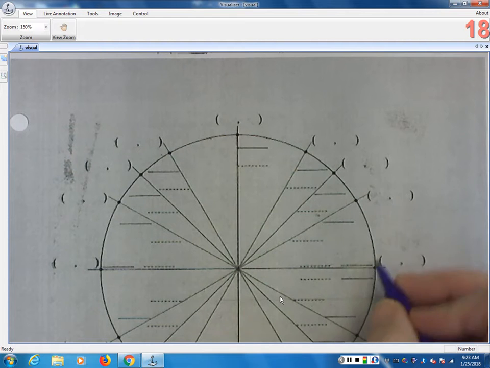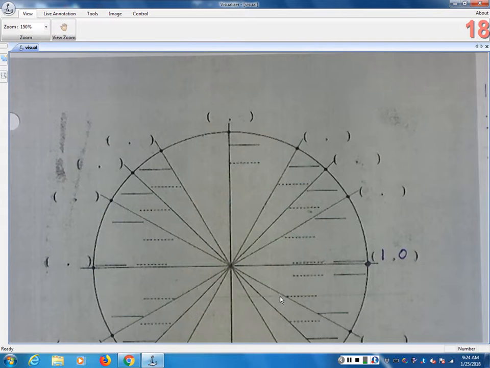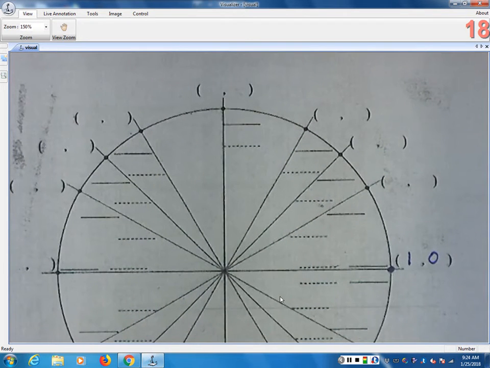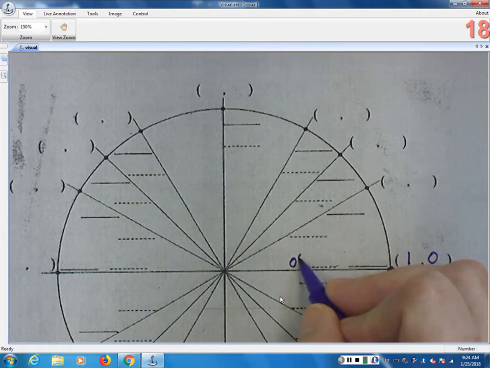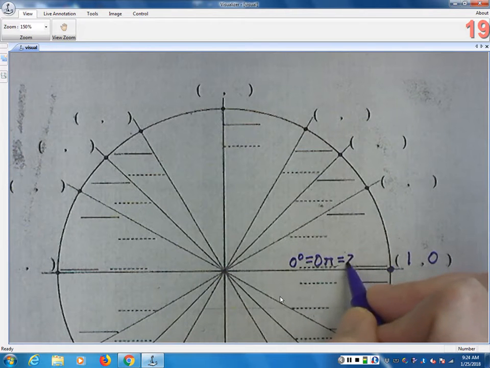Okay, so the trick to fill this out, well, first off, what's this point? This point is 1, 0. Oh, can you see that? Okay. And I have 0 degrees equals 0 pi equals 2 pi right here.